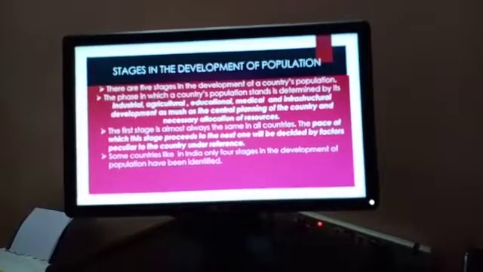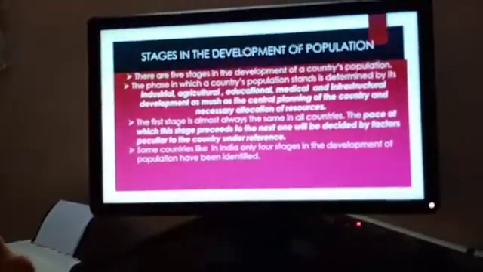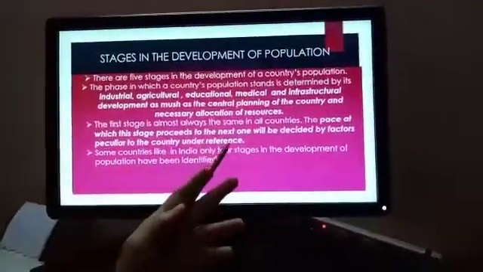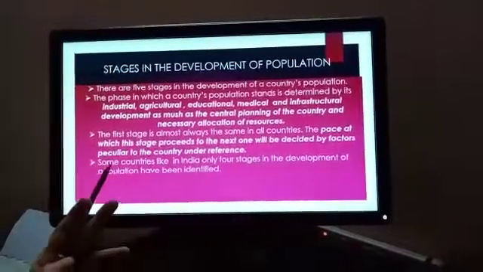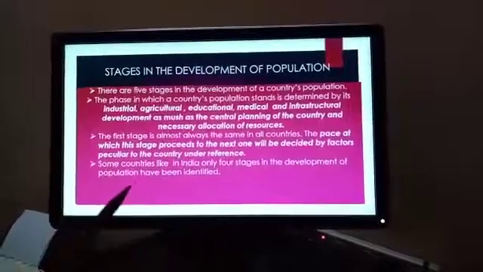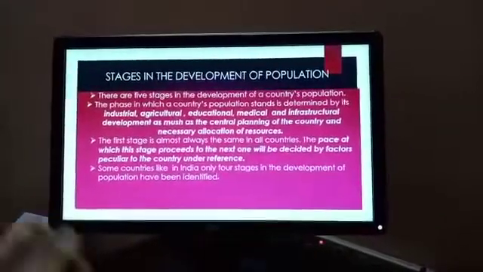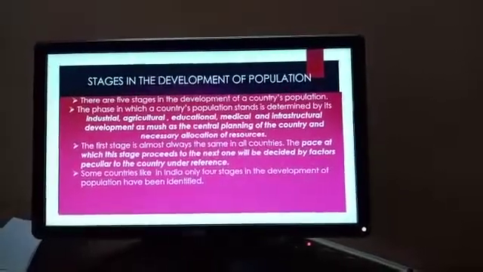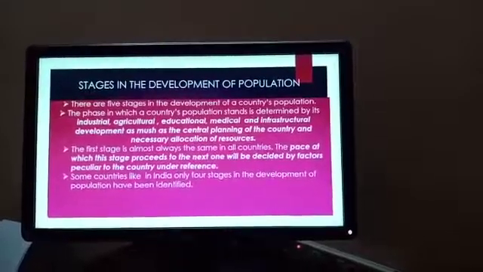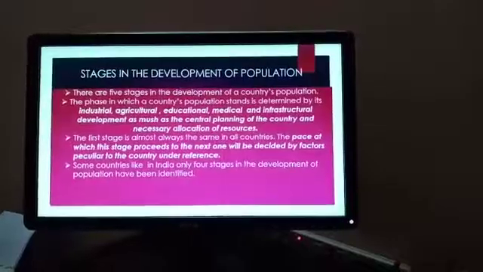The pace at which the first stage proceeds to the next one will be decided by factors peculiar to the country under reference. That means the set of factors which function in India may not be the same in other countries. So each country will have its own set of factors which will influence the pace of change of population from one phase to the other.